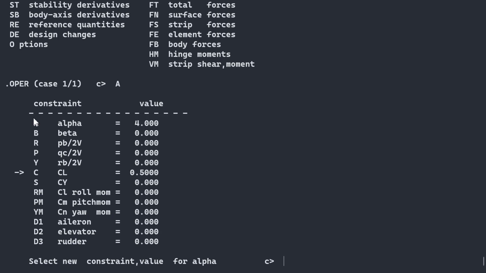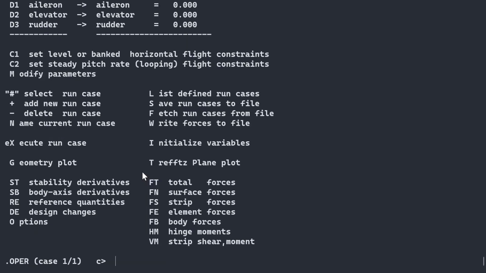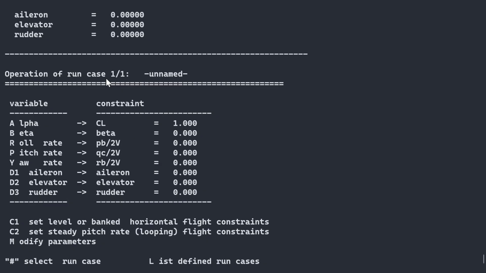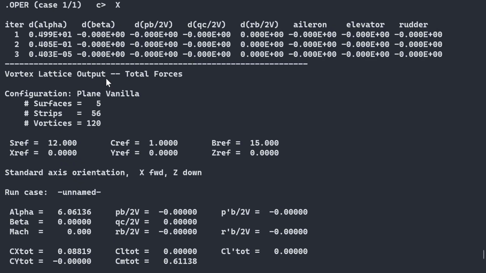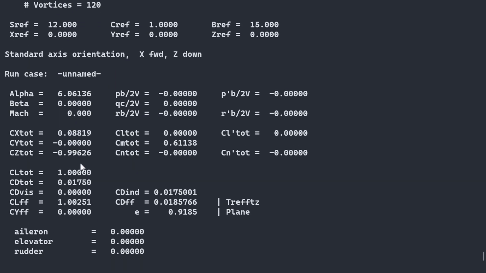You can directly set A, or you can set C, 0.5. All right. Then how would you get it to recalculate? X. Got it. When you type X, it automatically displays all the information, right? So you just need to scroll up to see. Yeah.